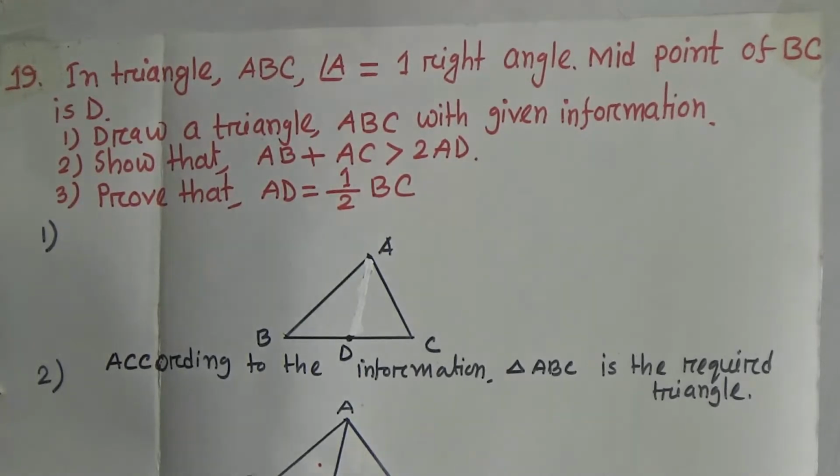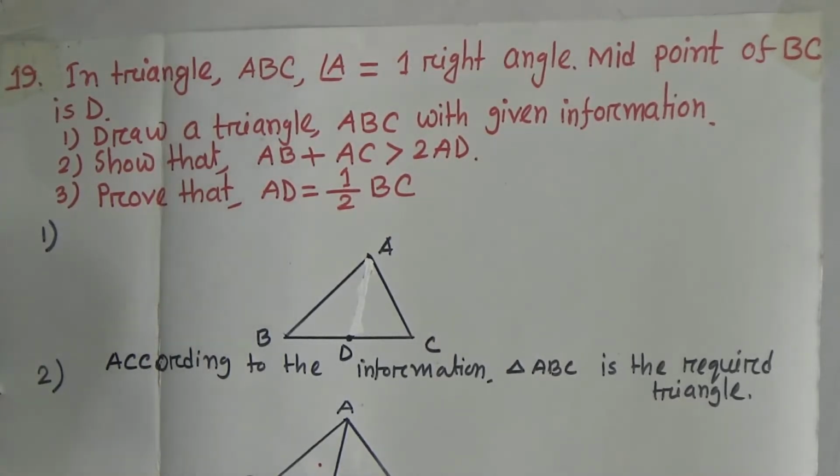Student, you see the figure. AB plus AC is greater than 2AD. How can we prove that? For this reason, we need some construction.